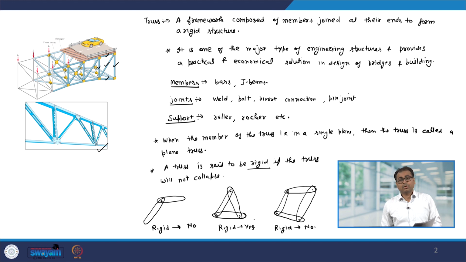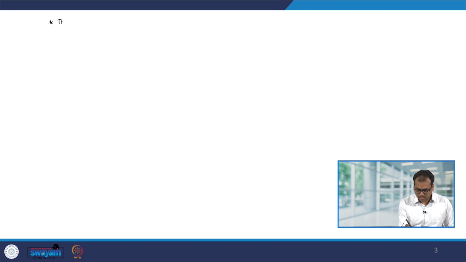Okay. So, you can see that this triangle structure is basically the building block to make a rigid structure. So, the basic element of a plane truss is the triangle.